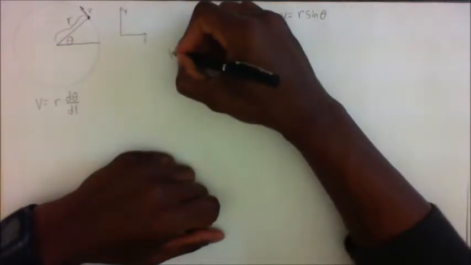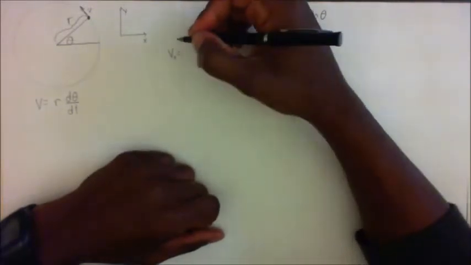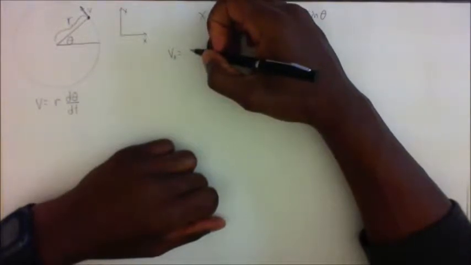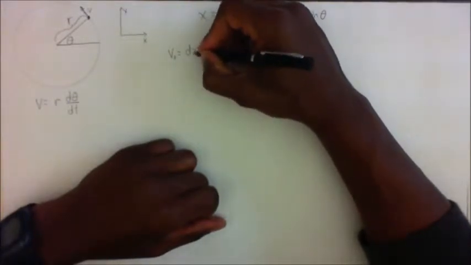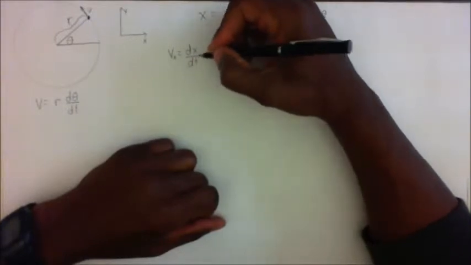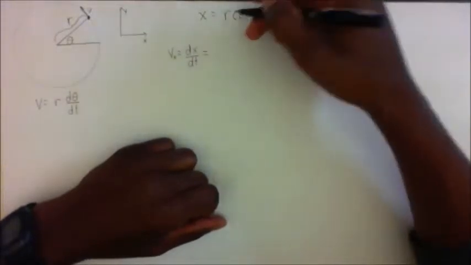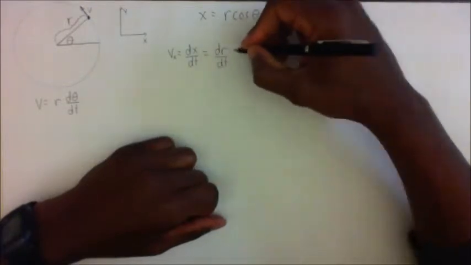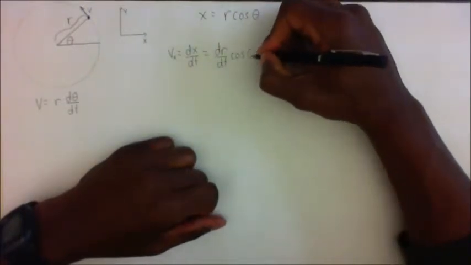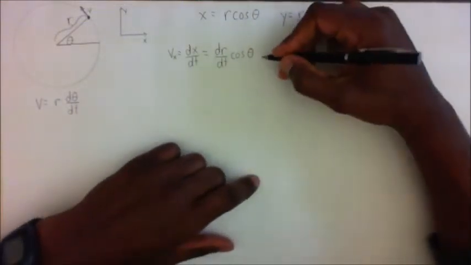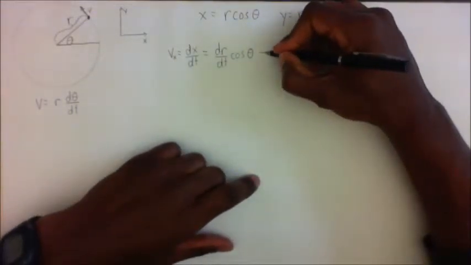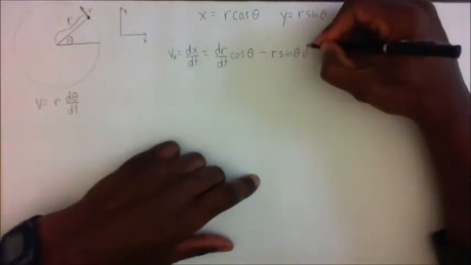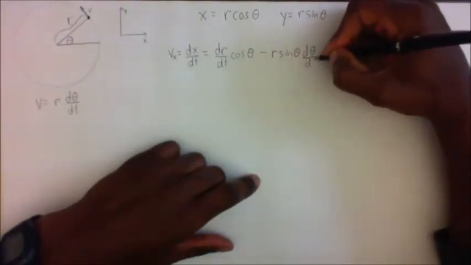So v sub x, which is the velocity in the x direction, is going to be dx over dt, which is, in this case, dr over dt cosine theta minus r sine theta d theta over dt.